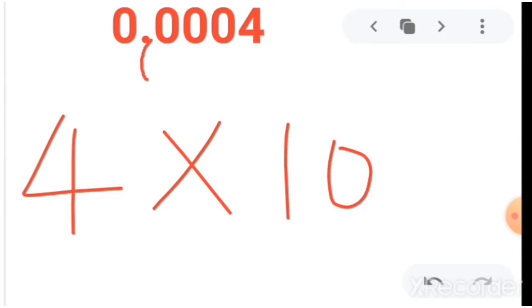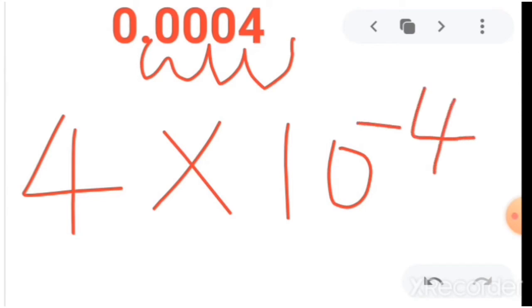Let us count together: 1, 2, 3, and 4. Because this number is less than 1, the power of 10 will be a minus, and the decimal point has moved 4 places to the right, so the power of 10 will be minus 4. So 4 times 10 raised to the power minus 4 will give us 0.0004. I know it is easy.